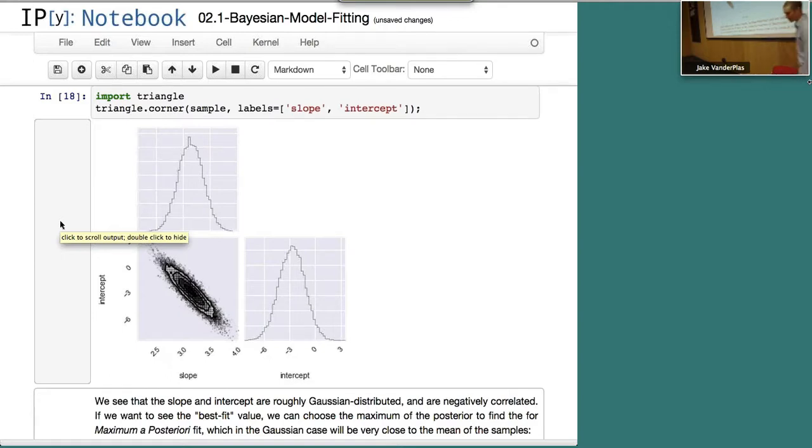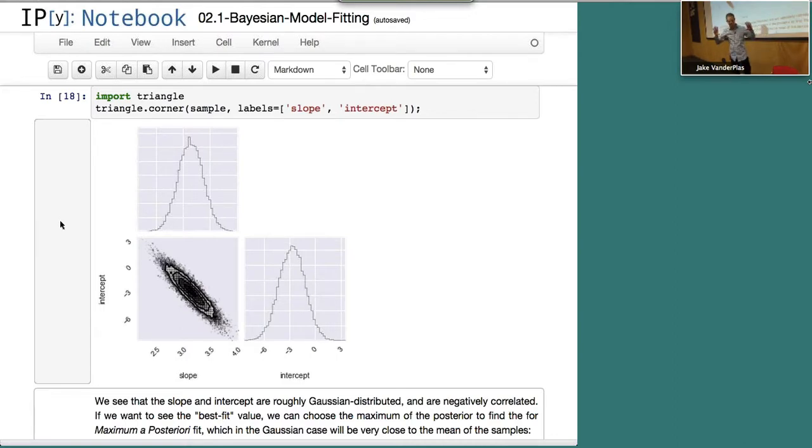We have what's called the marginalized distribution of the intercept here. So we've kind of integrated out the slope, and this is the probability of the intercept. And up there we have the marginal probability of the slope, and then in this two-dimensional parameter space, this is what the sample is.